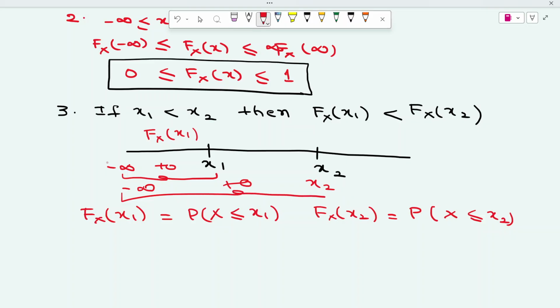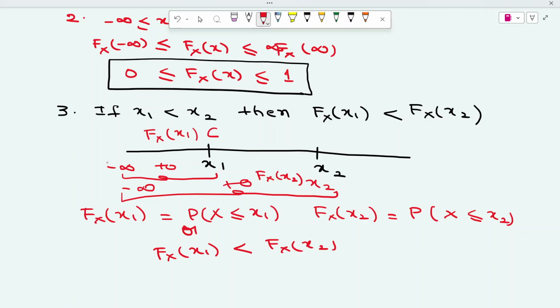As you can see from this diagram, Fx(x1) is always less than Fx(x2), because the range for Fx(x2) covers the range for Fx(x1) also.